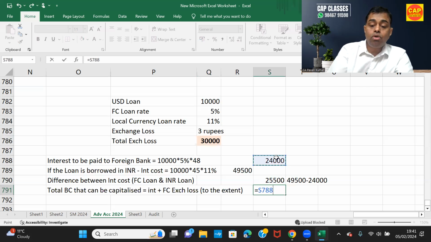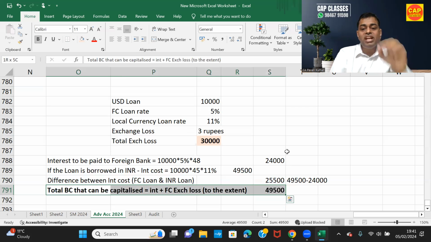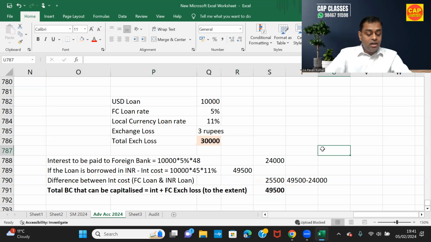So now total borrowing cost as per Accounting Standard 16 is 49,500. Basically, what is this amount? If you borrow money from State Bank of India, you would have paid this much. So ICAI will say total 49,500, up to this I will allow you. Beyond that, you bear the loss. Why will I allow you to add it to the asset?